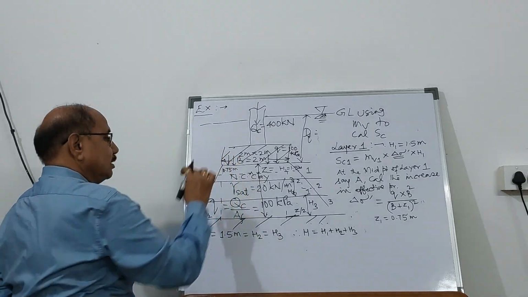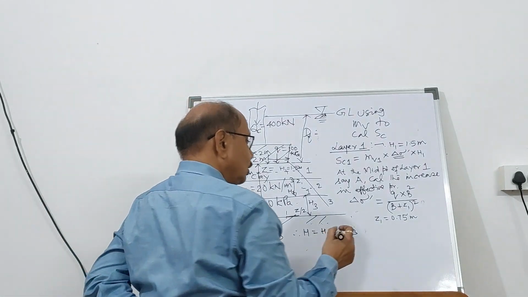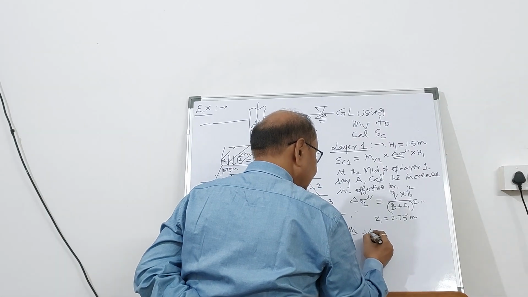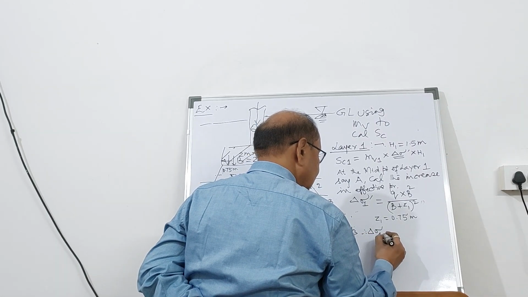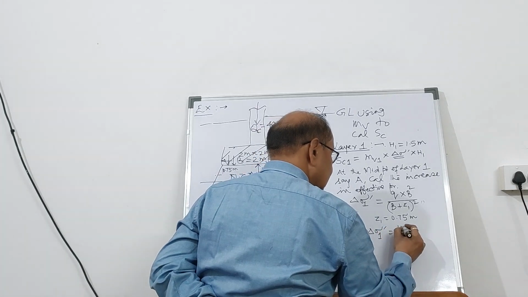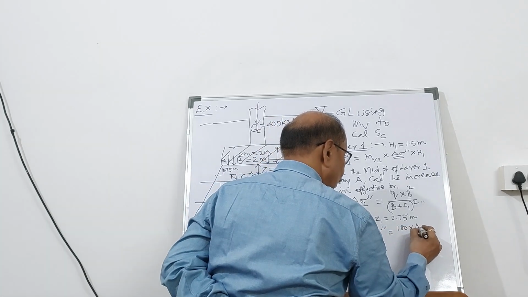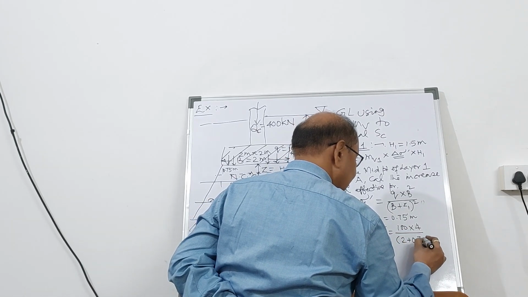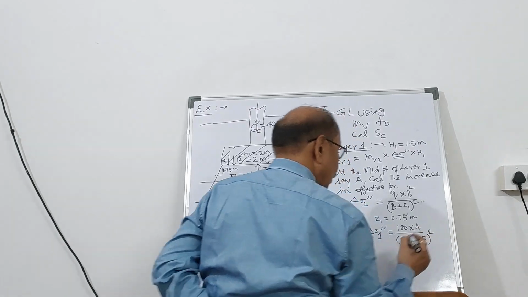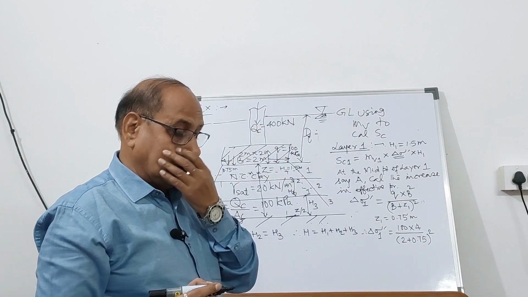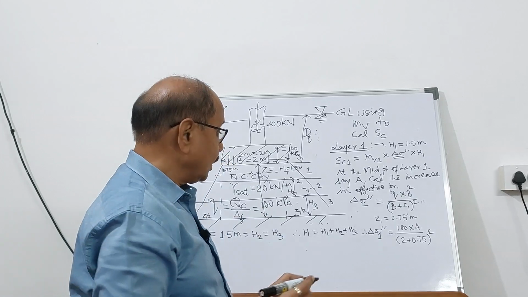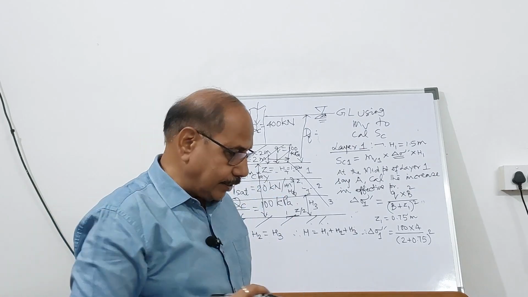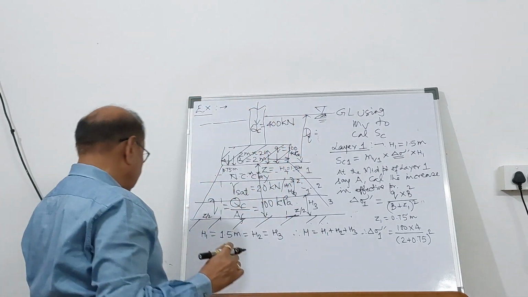This is for layer 1. Therefore, delta sigma 1 prime is 100 multiplied by 4 divided by 2 plus 0.75 whole square. So this is the increase in pressure. Let us calculate this.